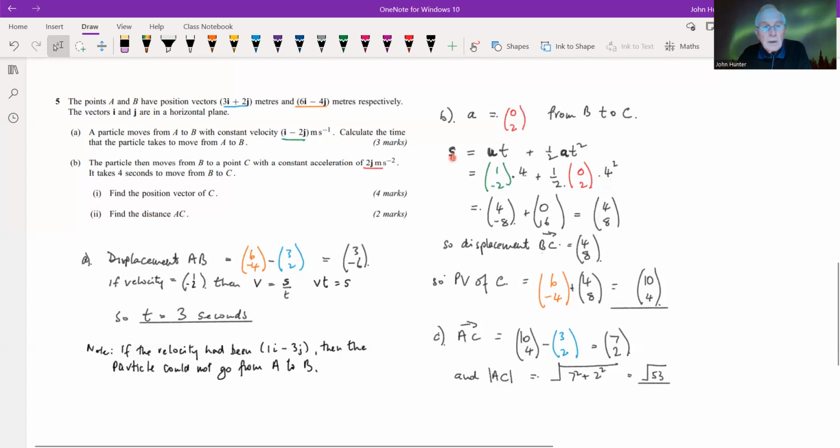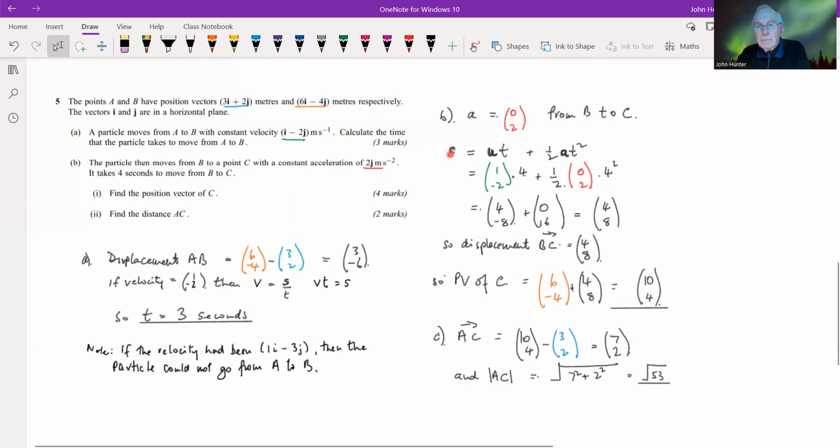Now it says it takes 4 seconds to move from B to C, this new point. Find the position vector of C. Right, okay, position vector.